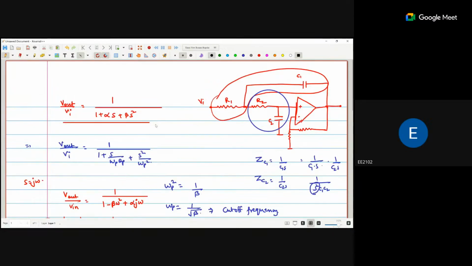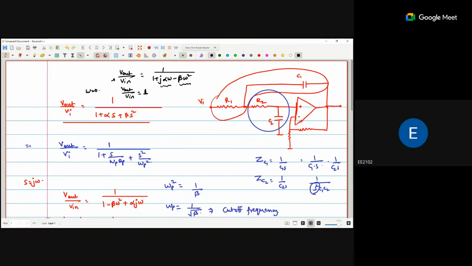Now if I put s equal to j omega, Vout upon Vin is equal to 1 over 1 plus j alpha omega minus beta omega square. Now put omega equal to 0. If omega is equal to 0, this term is 0, this term is 0, so Vout upon Vin becomes 1.